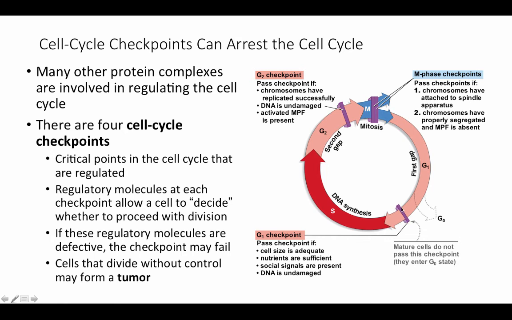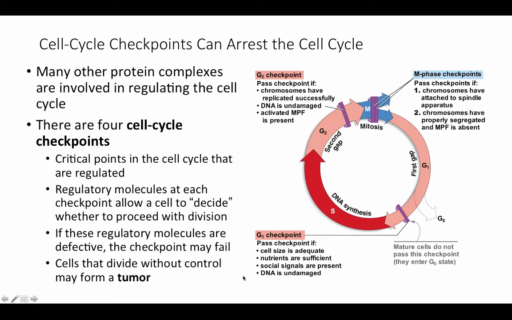Generally, once a cell passes the G1 checkpoint, it will usually complete the cycle all the way through mitosis. So it's going to pass this checkpoint if the cell size is adequate, if it's big enough to be able to divide, if there are sufficient nutrients available for growth of the 2 daughter cells, if social signals are present.